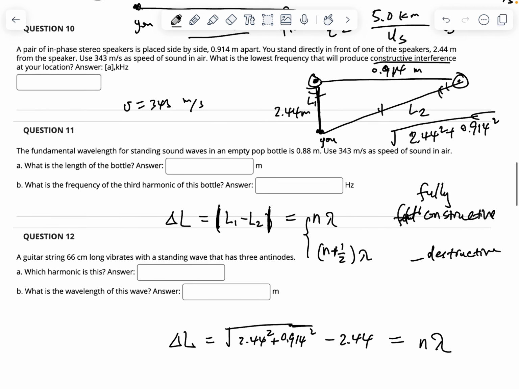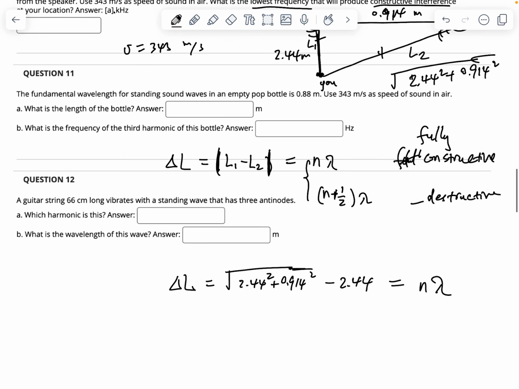Okay, so you're looking for the lowest frequency. We know speed of wave equals wavelength times frequency. If you're looking for the lowest frequency, you're looking for the biggest wavelength, right? So the wavelength equals whatever this value here divided by n.